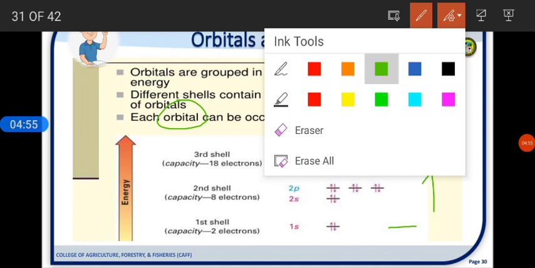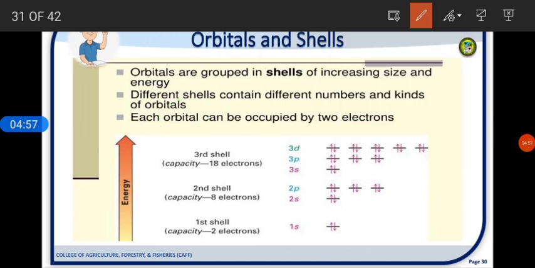Oh, I'm sorry. So let me draw that properly. That is the orbital, and those arrows that you see represent electrons. The arrows represent the electrons, and it has been mentioned here that each orbital can be occupied by 2 electrons.